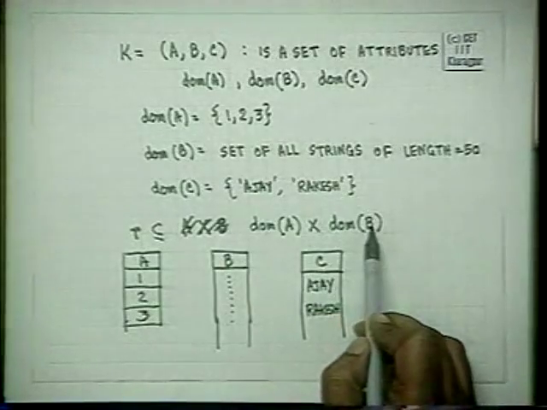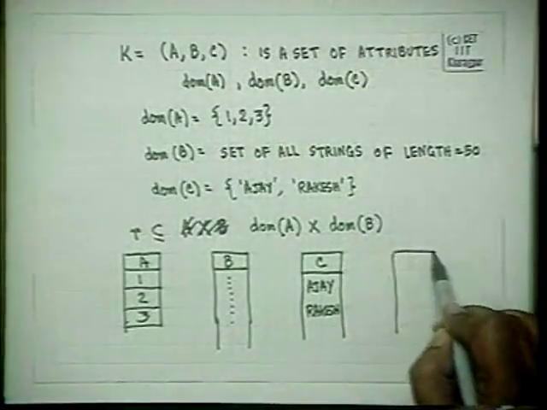Now dom A cross dom B is a relation having two attributes.